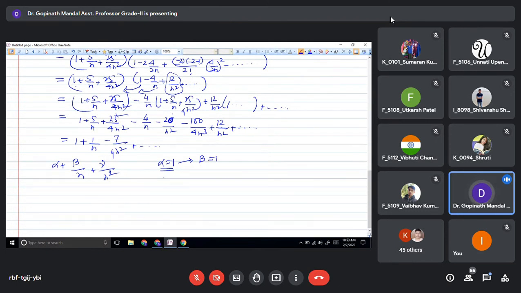Here beta is also equal to 1, and for beta equal to 1, the series is divergent. So by Gauss test, the series is divergent.